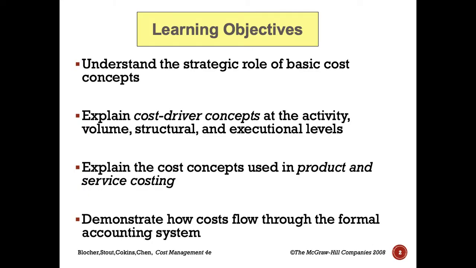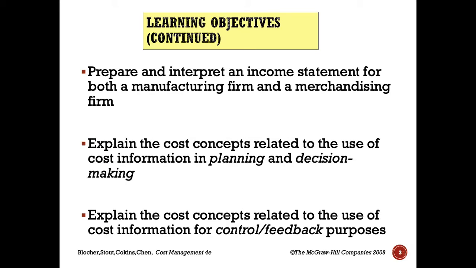Learning objectives are understanding the strategic role of basic cost concepts; explaining cost driver concepts at the activity, volume, structural, and executional levels; explaining the cost concepts used in product and service costing; demonstrating how costs flow through the formal accounting system; and preparing and interpreting an income statement for both a manufacturing firm and a merchandising firm.